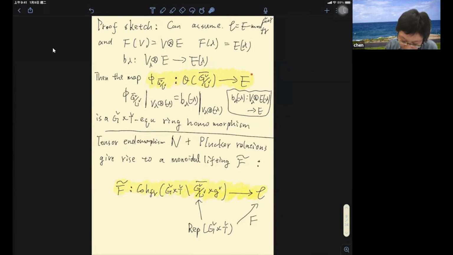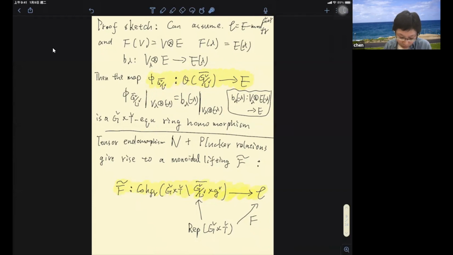Every time you have this map, you can define a map between Hom spaces. The map is given by this formula on the summation, given by this map, which is a twist of this arrow by minus lambda, and then you can check that this is a G times T check equivariant ring homomorphism. So you have this map, and then you're done, basically.